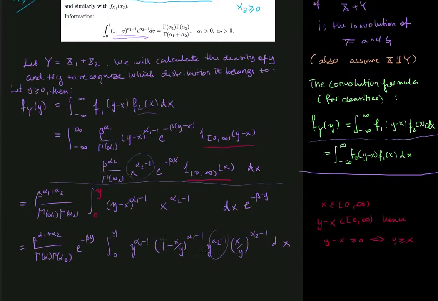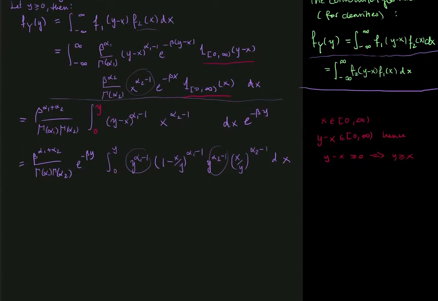So this and this rely only on y, and I can take them again outside of the integral. And when I do that, I can also notice that they actually just go together up inside in the exponent. So I have alpha 1 plus alpha 2 minus 2.